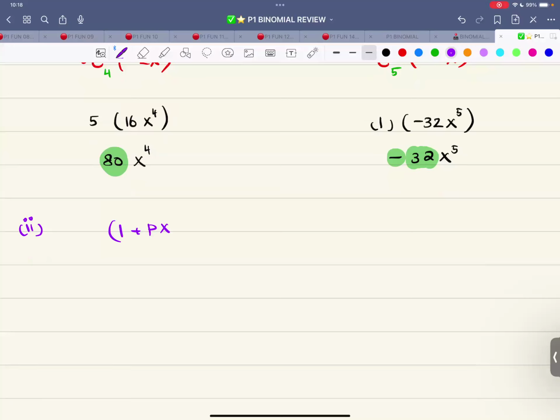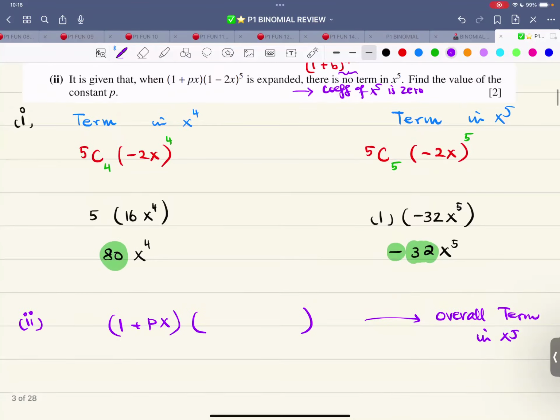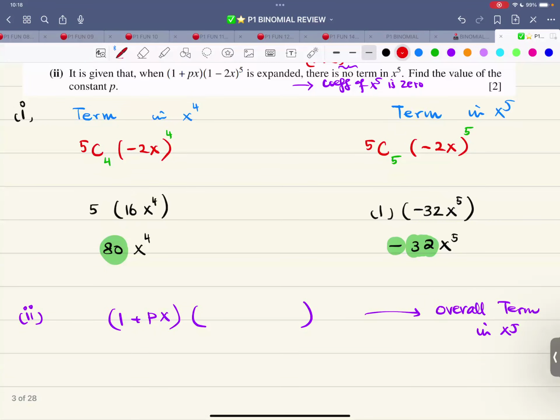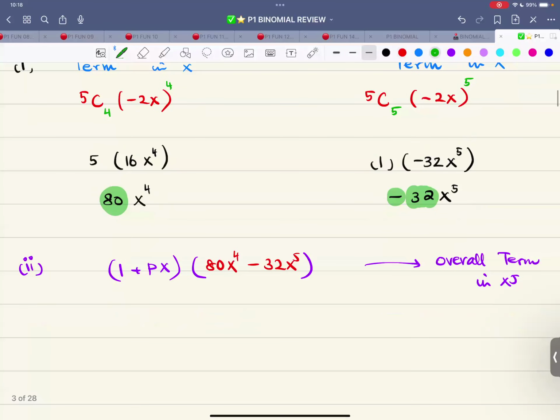And we need relevant terms over here in order to get an overall term in x^5. Now, if I choose this term, that is 80x^4, and I choose this negative 32x^5, does it make sense?